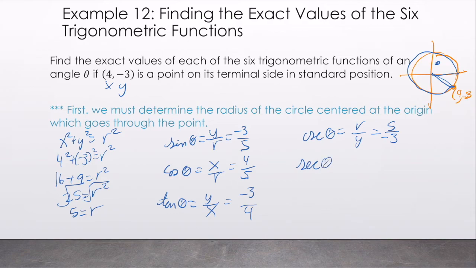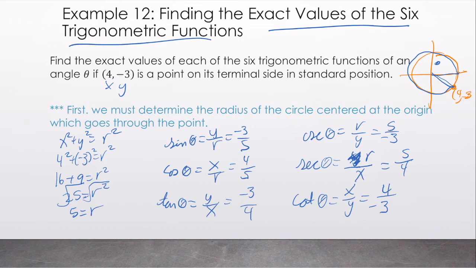Secant of theta is r over x, which is 5/4. And cotangent of theta is unchanged, it's x over y, which would be 4/3. So that's how we would find the exact values of our trigonometric functions on a circle without radius equal to 1.